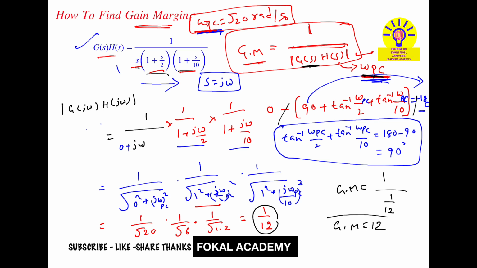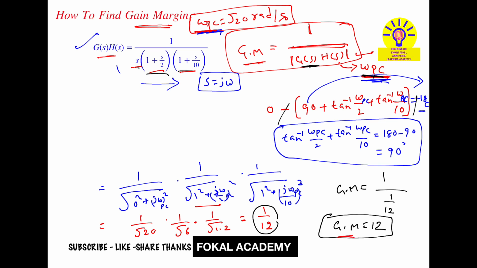Suppose in some problems they ask to find the gain margin in decibels. If you want to convert the gain margin into decibels, we have a standard formula: gain margin in decibels is equal to minus 20 into log of 1 by the gain margin value.